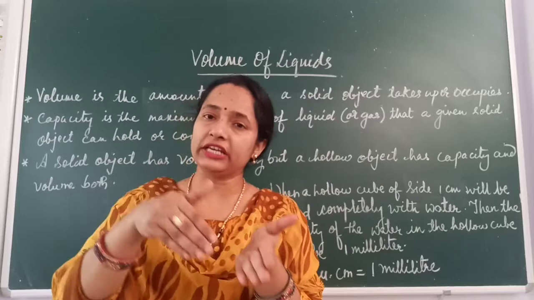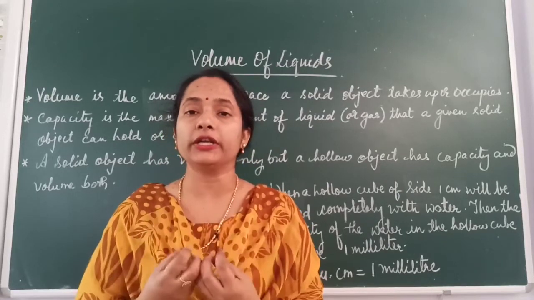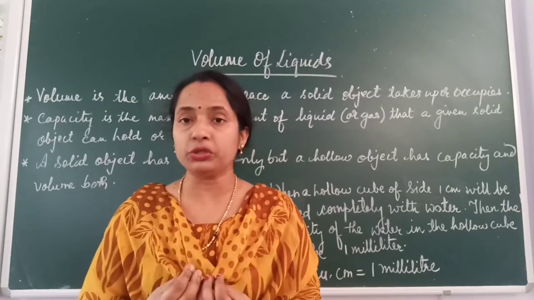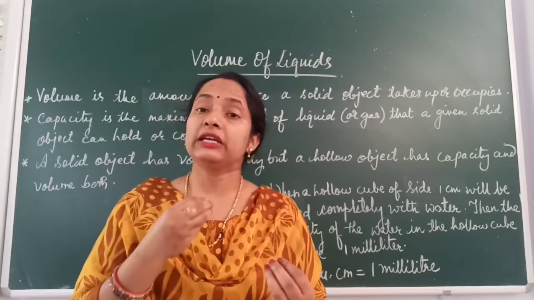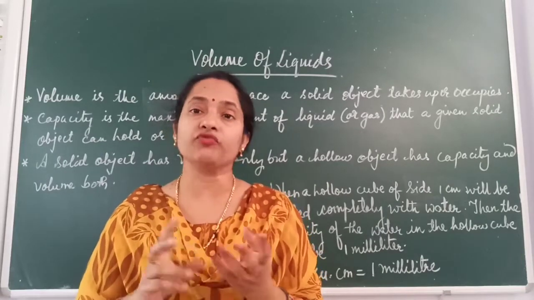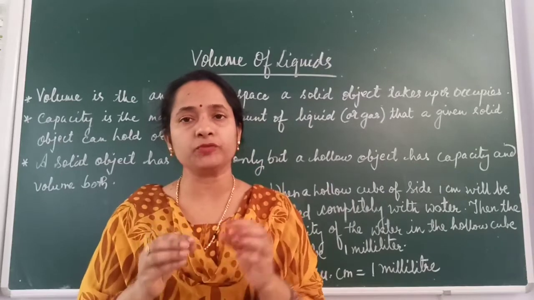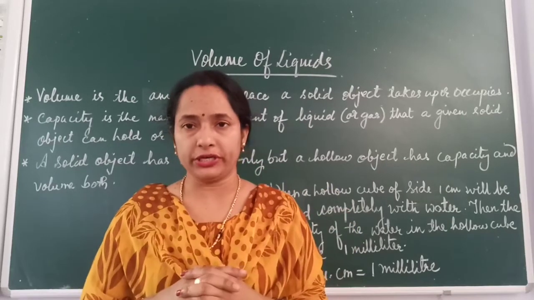When we are filling liquids into it, we already learned about the measurement units of liquid. We know that liquids are always measured in liters and milliliters, whereas the volume of any object is found in terms of cubic units.